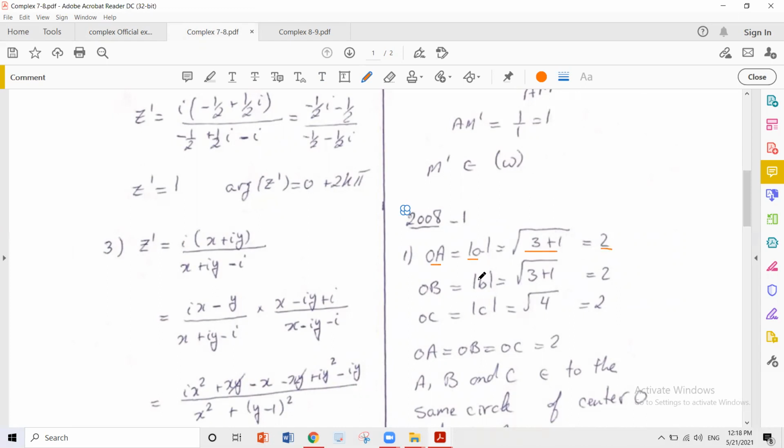OB equal modulus of B equal radical 3 plus 1 equal 2. And OC equal modulus of C equal radical 4 equals 2.